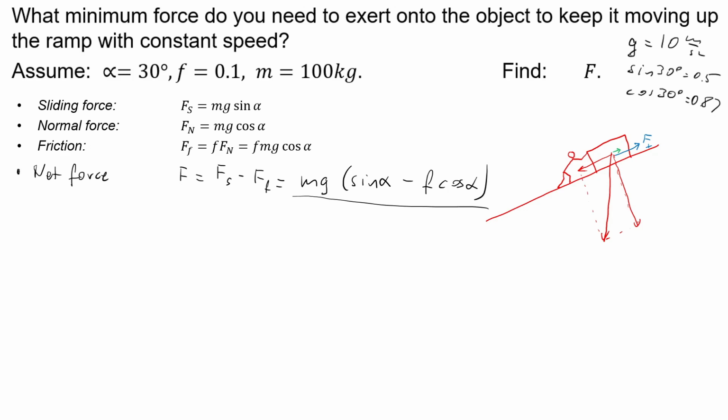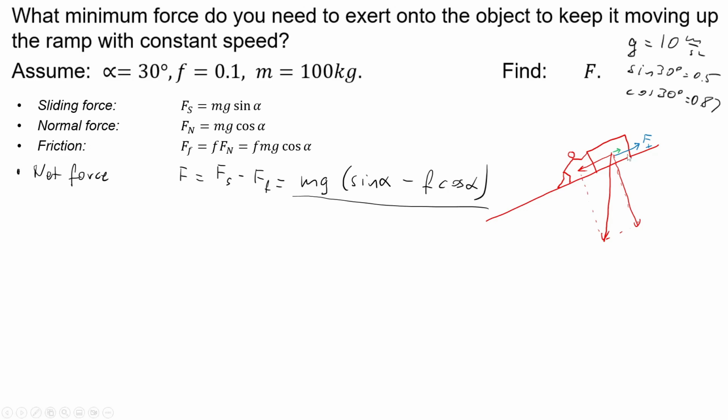But now we have a totally different situation. We have a person pushing the object up the ramp, so there's no reason for this friction force to act upwards or forward. If it did, it would be helping this person, and we know that friction always prevents the actual motion.